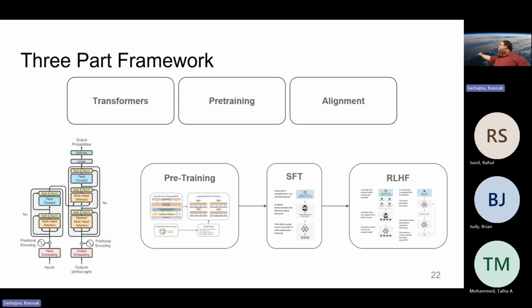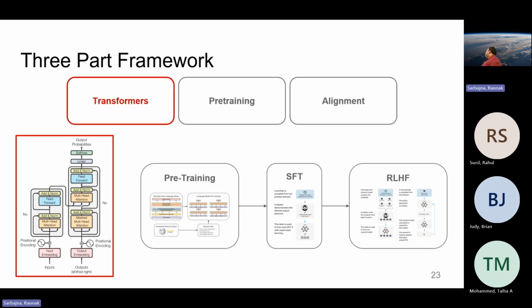And finally, you do the human part of it, which is RLHF, reinforcement learning from human feedback. You do the pre-training using all the text that's on the internet, put it into your language model, and see what it spits out. Then you do some supervised fine-tuning on it, and then you bring in a human to see the output of that model and correct it based on that.